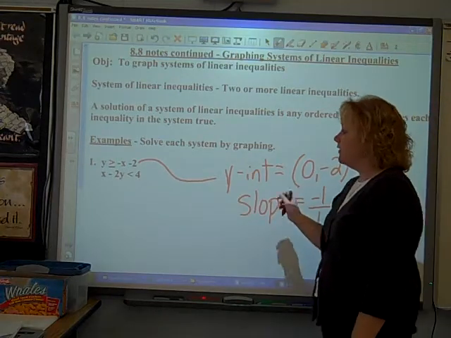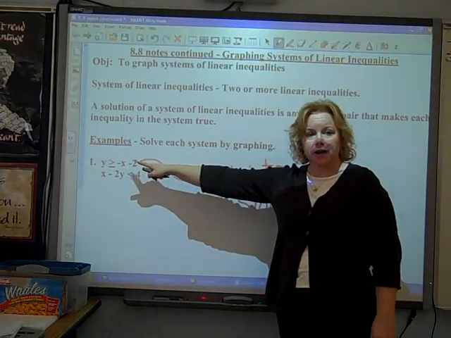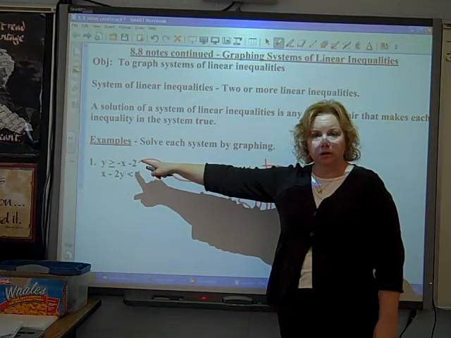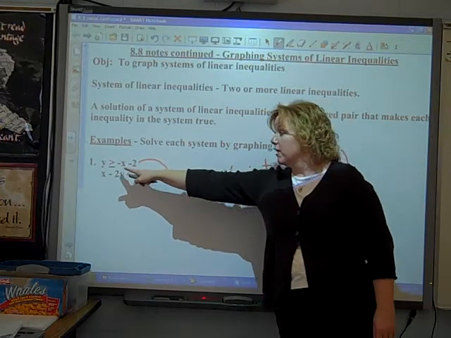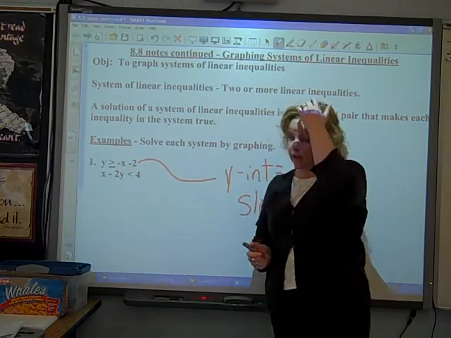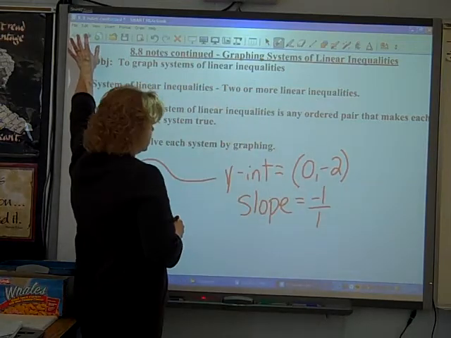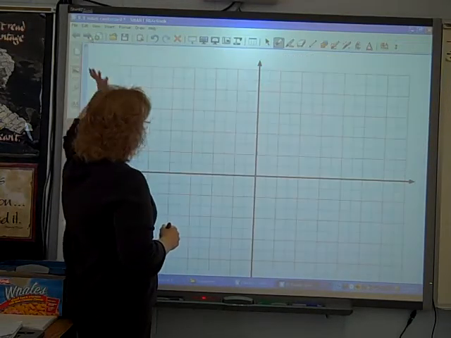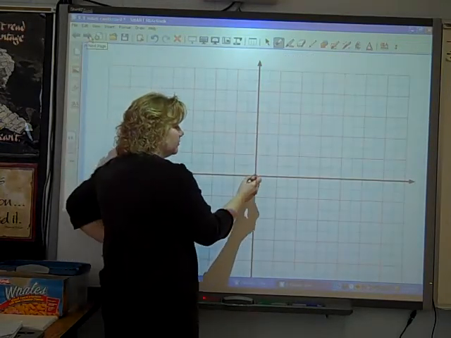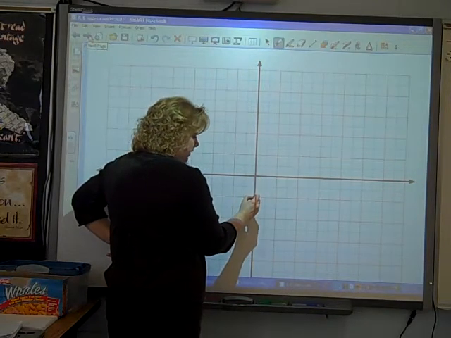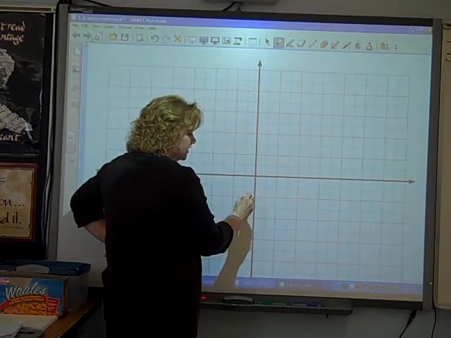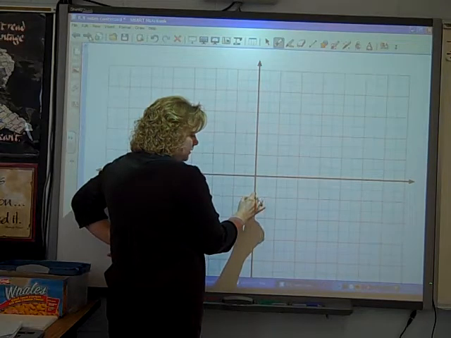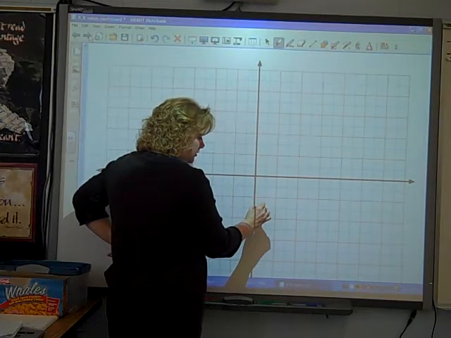And by the way, is this going to be a solid or a dashed line? Anybody? Solid. Remember the line. So this one's going to be solid. Okay? So let's graph that. Okay, what was my y-intercept again? 0, -2. Okay, so there's my y-intercept. What is my slope? -1. Okay, so I'm going down one to the right one.